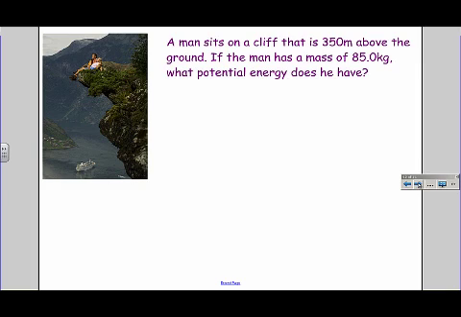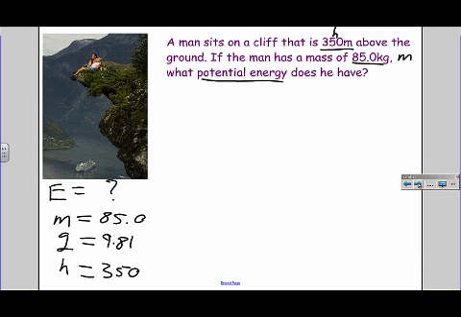This first question, again, we need to recognize what we have. Man sits on a cliff that is 350 meters above the ground. That's our height. If the man has a mass of 85 kilograms, okay, that's our mass, what's the potential energy? So write down what we have. Energy is the thing we do not have.